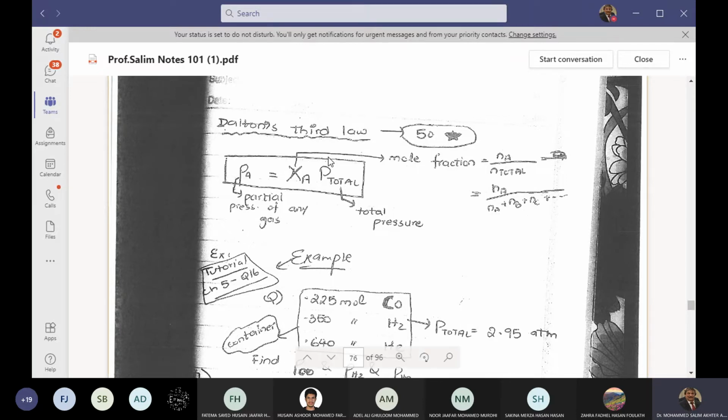That's why I said Dalton's third law. In Dalton's third law, I will tell you how to calculate the individual partial pressure of individual gases. If I tell you the partial pressure of nitrogen, partial pressure of oxygen, and let's say only 3 gases, so I have partial pressure of CO2 gas. If I tell you all 3, the total answer should be 760 according to Dalton's first law.